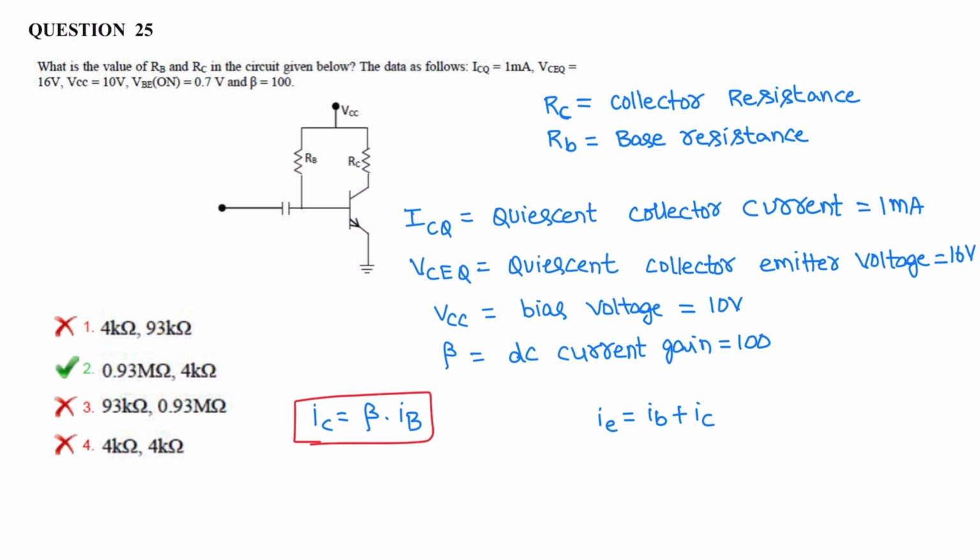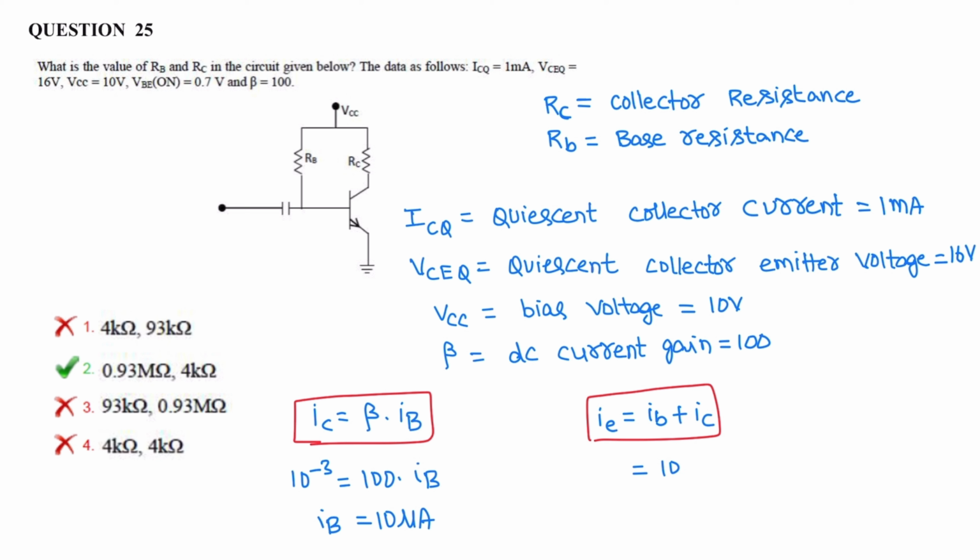IC is equal to beta IB. IC is given. Collector current is 1 milliampere, 10 power minus 3. Beta is 100, so the base current is 10 microampere. In a transistor, the relation between the currents is: emitter current is equal to base current plus collector current. We know the collector current and base current.